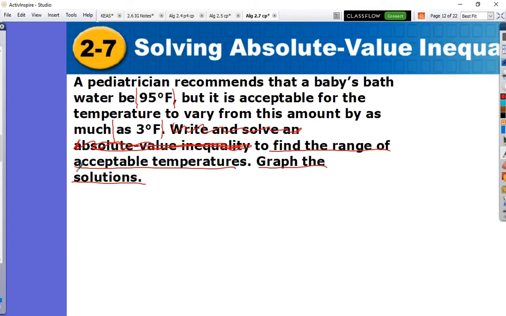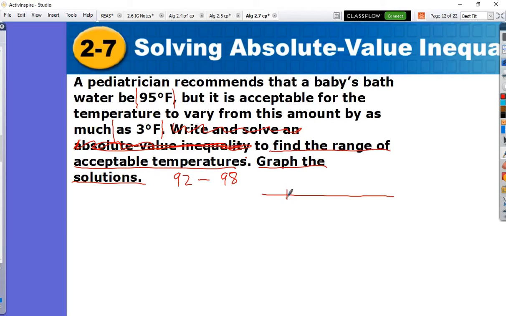Fairly simple. Here's the ideal temperature. It can either go down by 3 degrees or go higher by 3 degrees. So really, you can go anywhere from 92 degrees to 98 degrees. 3 less than 95, 3 more than 95. So to show that using a graph and an inequality, we can graph this.